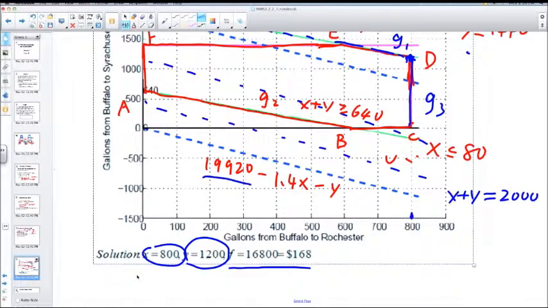Then plug into this equation: minus 1.4 times 800 minus 1200, and then the result is 16,800 in cents, and that's $168. You get the solution graphically. All you need is to move this blue line and simulate it. By the way, we have the graphical program posted on the blackboard you can use.